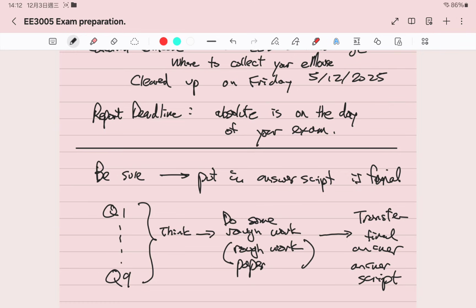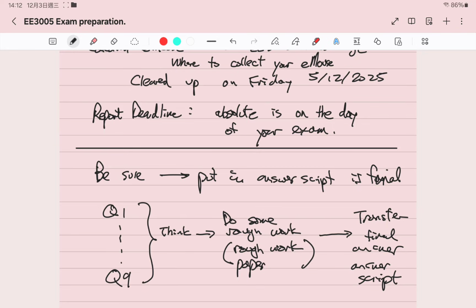So it's very difficult for me to mark, and I will definitely miss some of your important points, so you will receive fewer marks. So this year, I will provide rough work paper to you, and you will do it on the rough work paper. If it's okay, then you transfer it to your answer script.